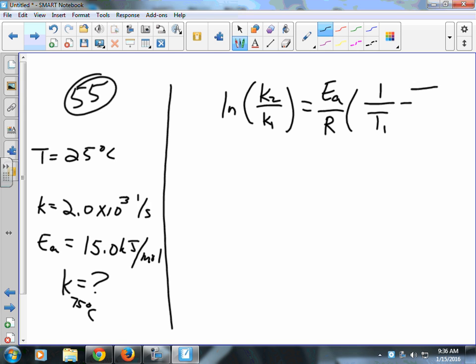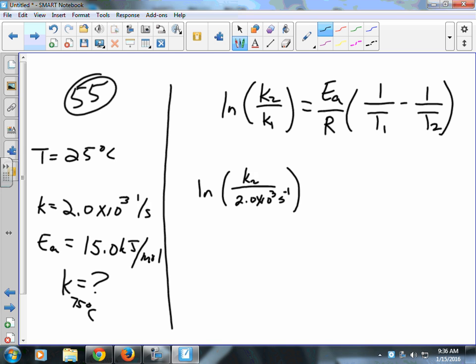When we solve that, we're looking for the new rate constant, K2. Our original rate constant is 2 times 10 to the third, and our activation energy is 15 times 10 to the third joules. They change it to joules because of R, 8.3.